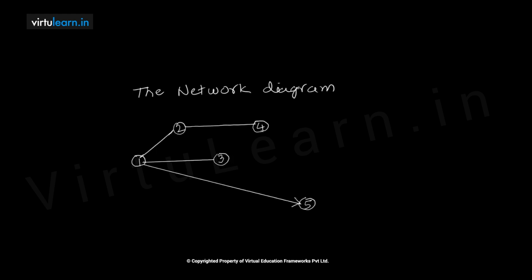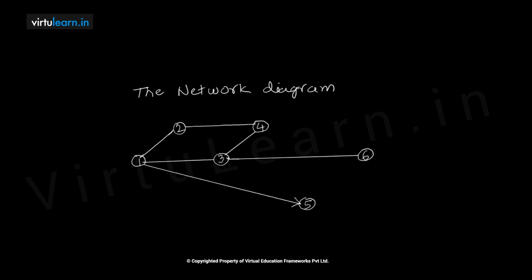Then we have, as per the problem, an activity 3 to 4. Then we have an activity 3 to 6. So we'll draw a line from 3 to, I call this as 6.